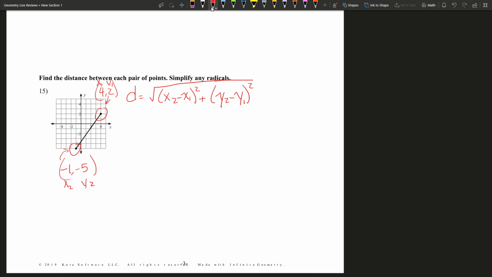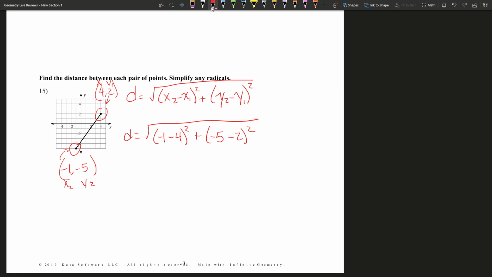And then we just plug in. So d is equal to the square root of x2, which is -1, minus x1, which is 4, squared, plus y2, -5, minus y1, which is 2.